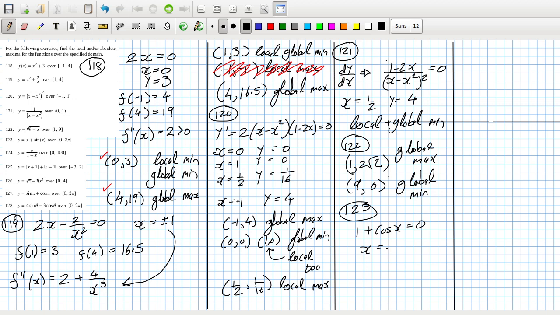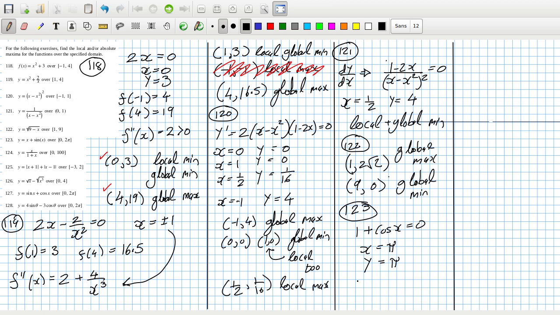Just pi. Cos goes like that. No, pi and... no, minus 1, just pi. It's pi. And that would mean y would equal pi.